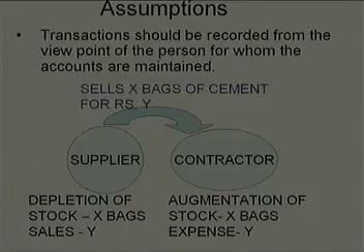So, this is what is meant by the perspective for whom you are writing the accounts, and that is the first assumption and a very, very important assumption as far as accounting goes. Now, we move on to the next assumption of construction accounting.